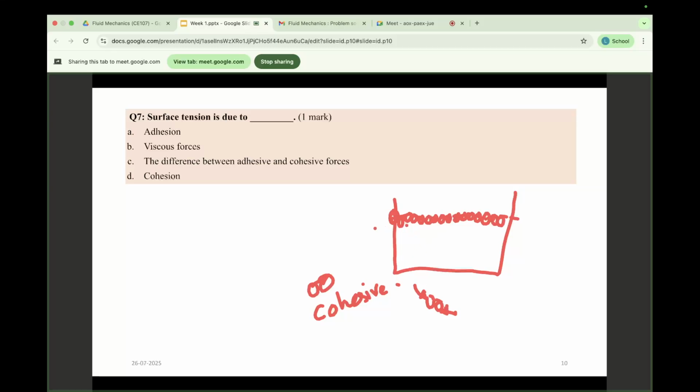So basically because of this cohesive force we are getting surface tension, and this adhesive force, you will study in capillary rise or fall. This is mainly because of the adhesive nature. So surface tension force is mainly due to cohesion and not because of adhesion.